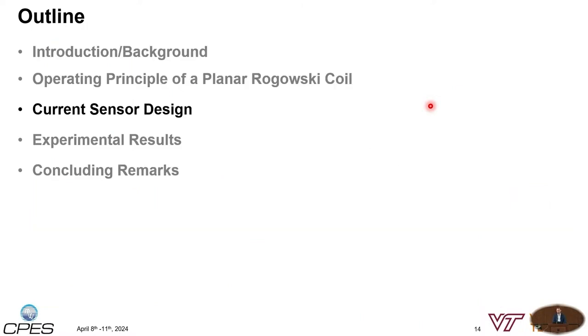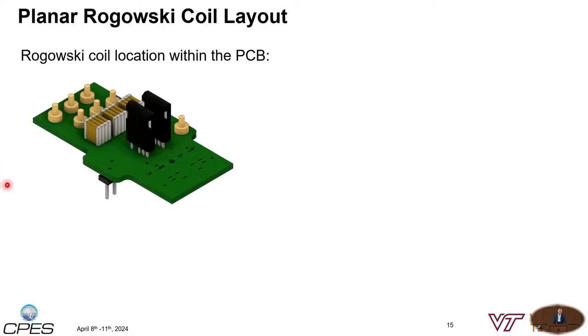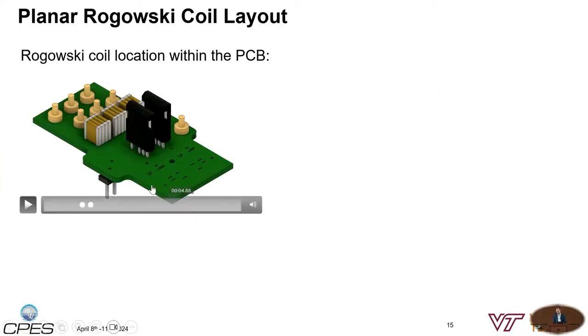Now that we have outlined the operating principles of the Planar Rogowski Coil, I'd like to dive into the current sensor design itself. What I'm showing here in the top left is a half-bridge PCB, where we have the DC bus connections. At the power connections, we have our decoupling capacitor and the 1.2 kV silicon carbide MOSFET half-bridge.